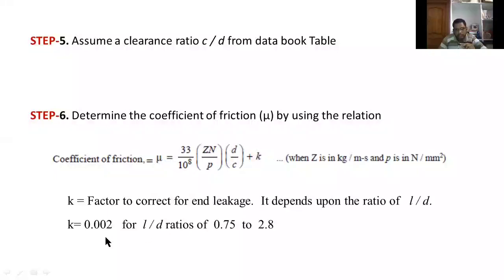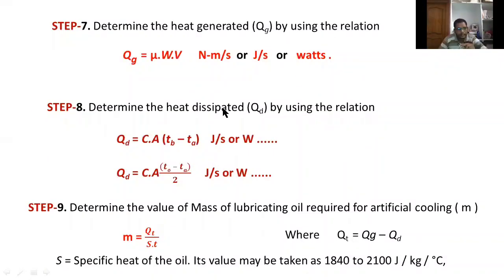The value of end leakage factor for L by D ratios 0.75 to 2.8 is k equal to 0.002. In step number 7, you have to find the amount of heat generated by using this formula.